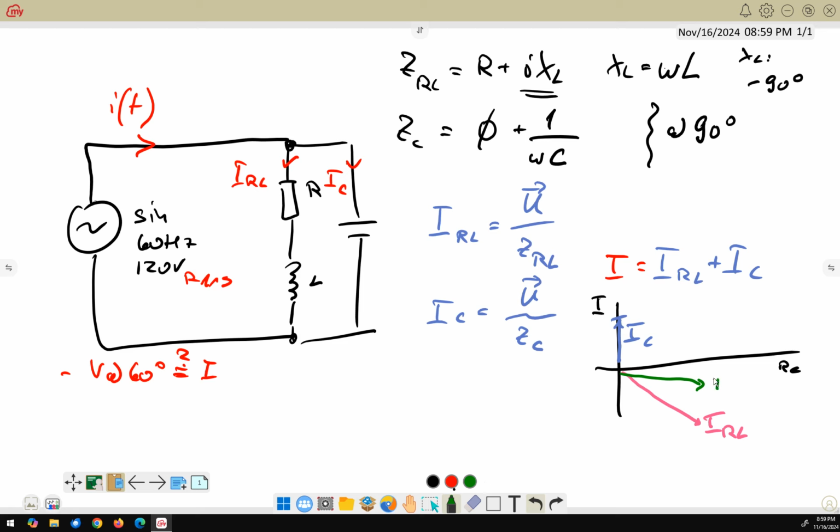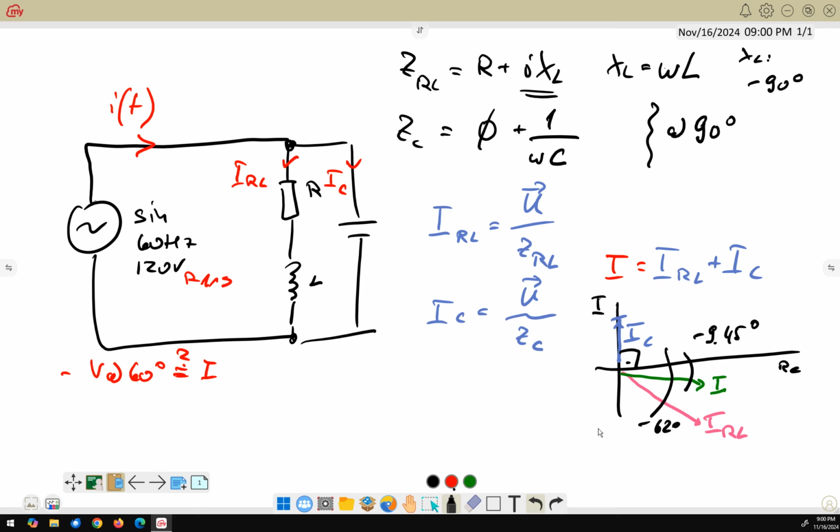This is I total. We will see here that this angle is 62 degrees, this is 90 degrees, and the resultant vector is at minus 9.45 degrees.